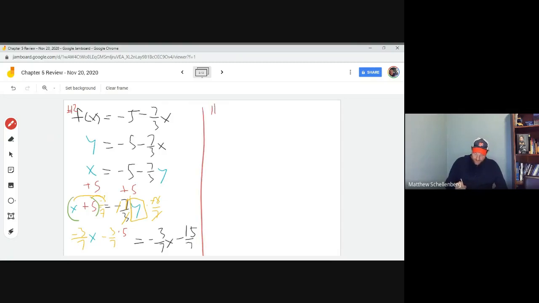Here comes number 3. Number 3 says, state if the given functions are inverses. Okay. Well, the first one says f of x equals minus 3 plus 2/3 x.